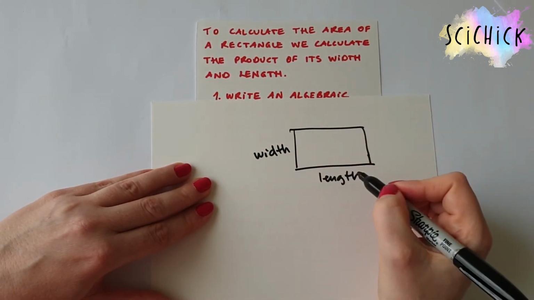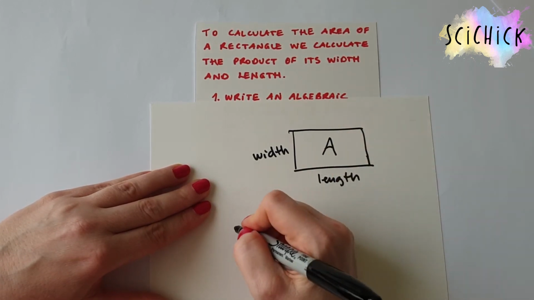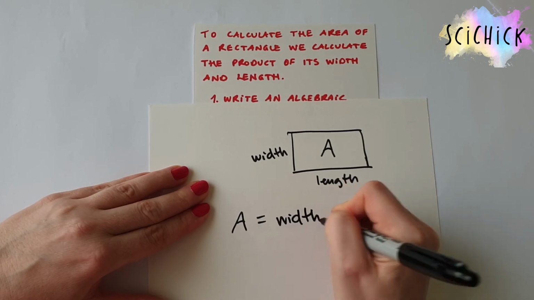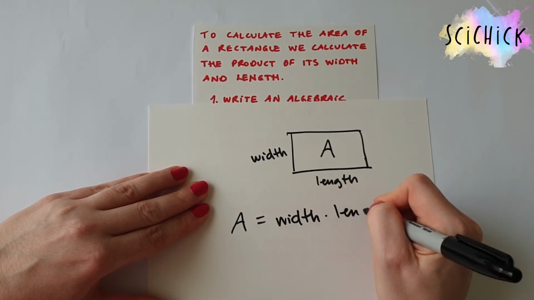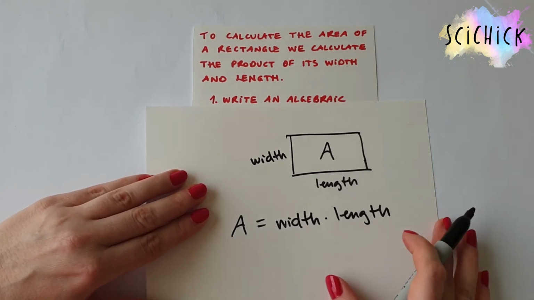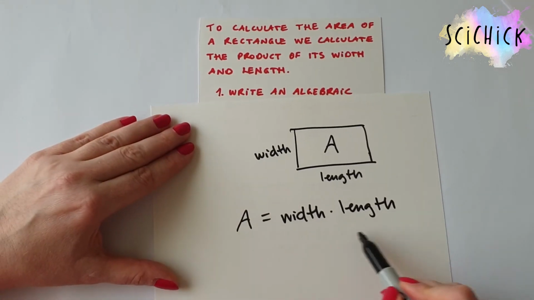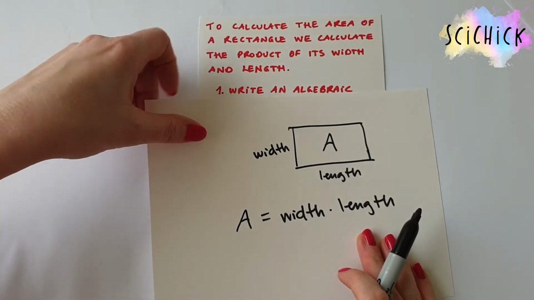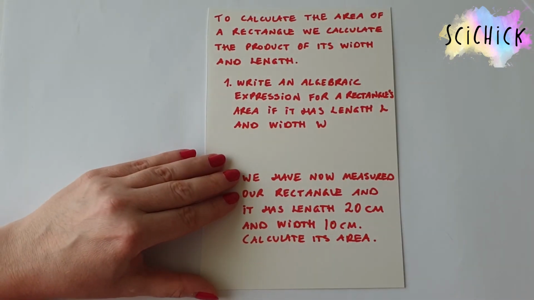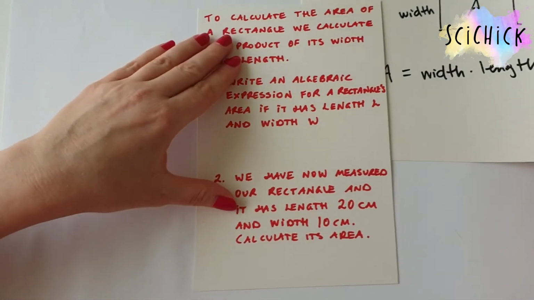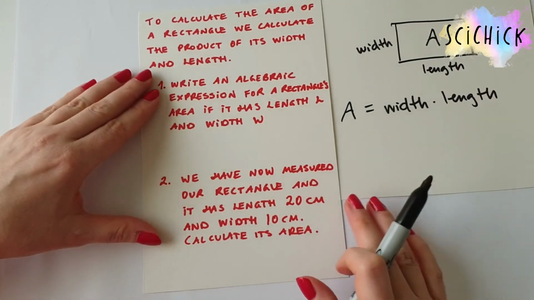And to calculate the area of the rectangle, we're going to do width times the length. That is our area, okay? And this is just the product of width and length. That's the area. Remember, a product. That's the new cool word we learned. Okay, so let's keep this in our frame so you can see it.